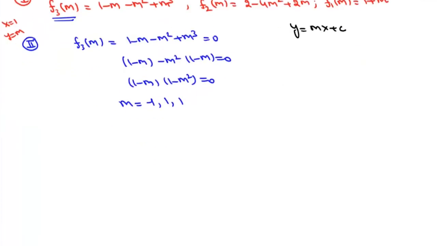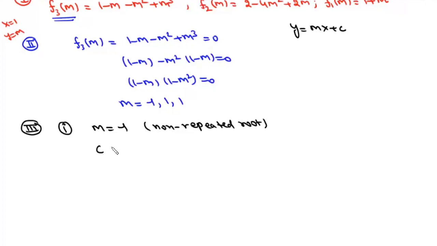So for this third step, first we'll consider the case when m is minus 1, which is a non-repeated root. Now for this case, the value of c is given by c into f3 dash of m plus f2 of m equals 0, and in this case the value of m is minus 1.